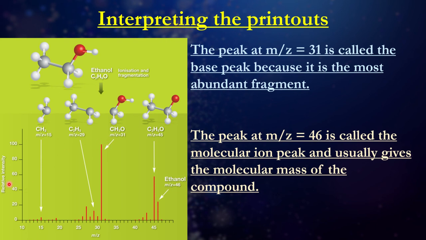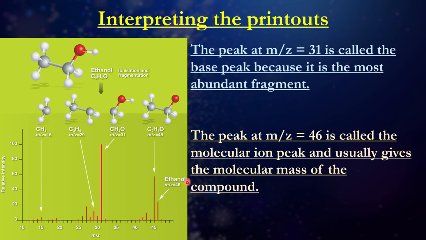Relative intensity is actually based on a comparison to the most abundant fragment you have. So all these values that we have here are essentially in comparison to how much there is of this most abundant fragment. With this chart, M/Z 46, this value here, is called the molecular ion peak.